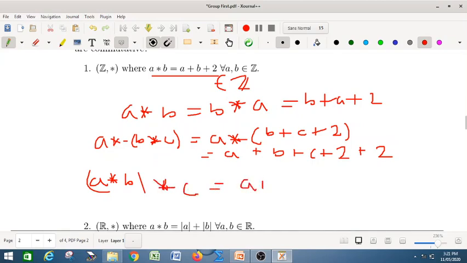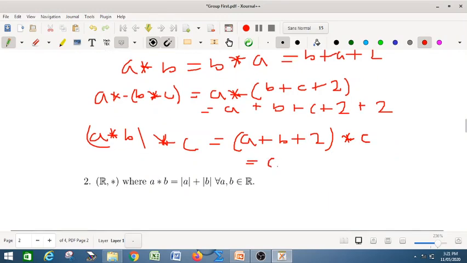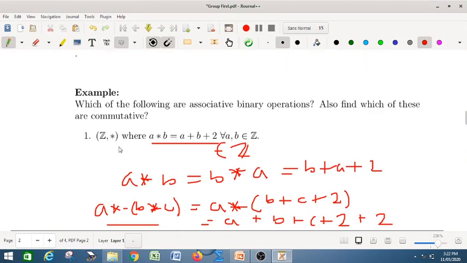It will give you (A plus B plus 2) star C from the definition of the composition, so equal to A plus B plus 2 plus C plus 2. So it is the same as this one, they are same. So this composition is associative on Z. So star defined by A star B is equal to A plus B plus 2 is commutative and associative.